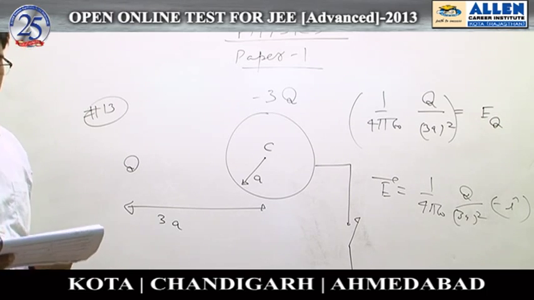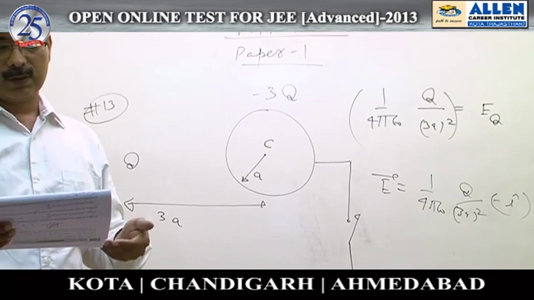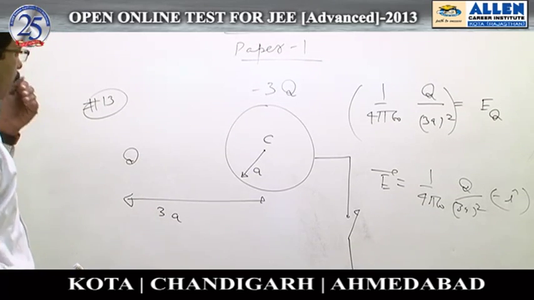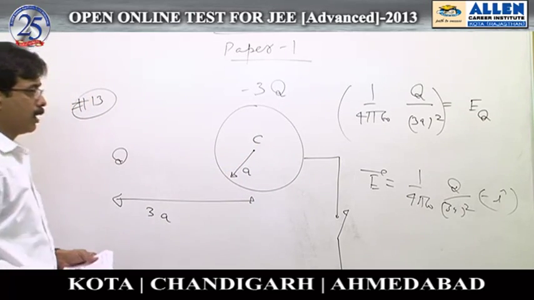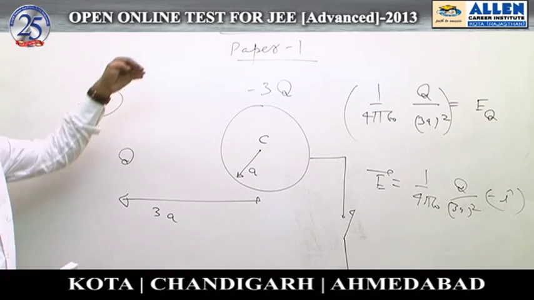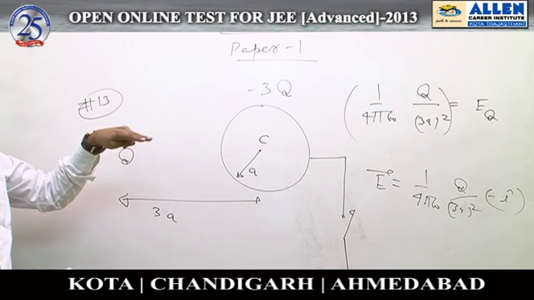Now check option B. What is the potential before closing the switch? Before closing the switch, the potential at point C has contributions from minus 3Q, Q, and the induced charges.